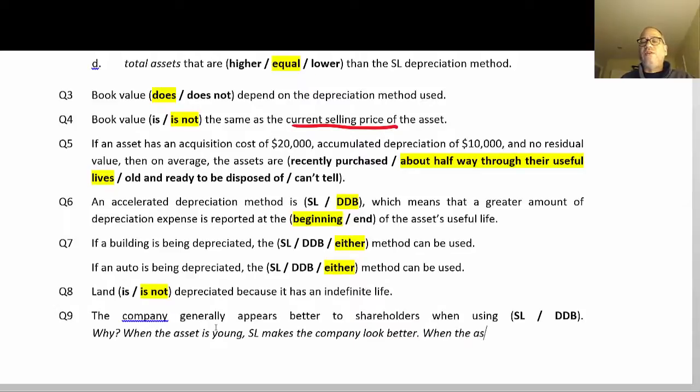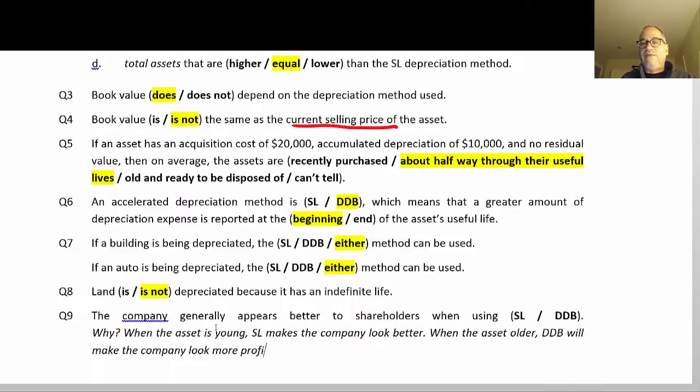When the asset is older, there is little or no difference. Then, when the asset is older, double declining is going to have less depreciation, so double declining balance will make the company look more profitable. That's activity 69. Thank you.